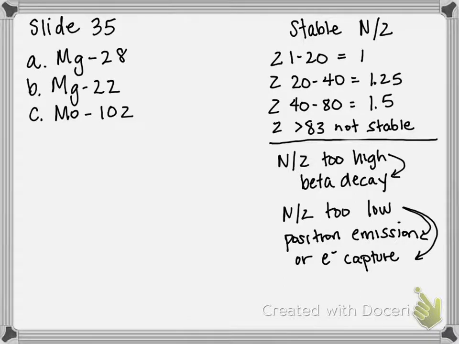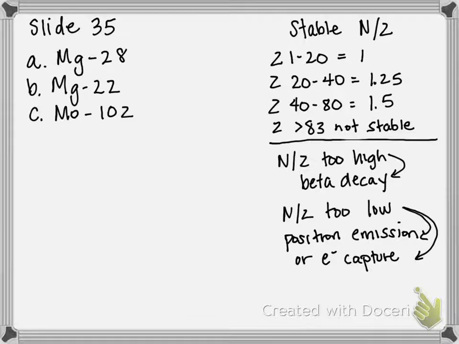Once we approach an atomic number above 83, those elements are no longer stable regardless of our neutron to proton ratio. So, for our example, to figure out what type of decay these 3 elements are going to undergo, just know that if your neutron to proton ratio is too high, the element is going to want to undergo beta decay to become a more stable isotope.